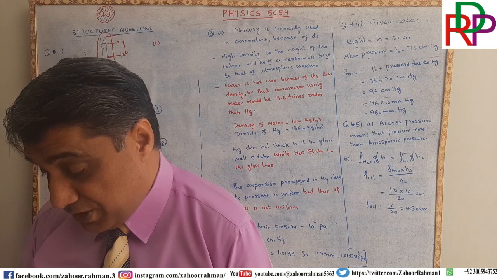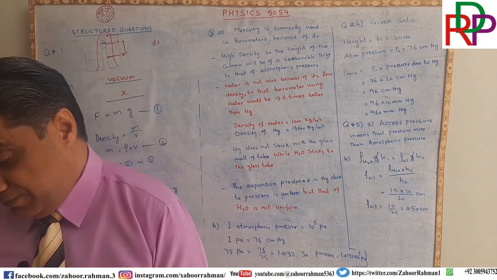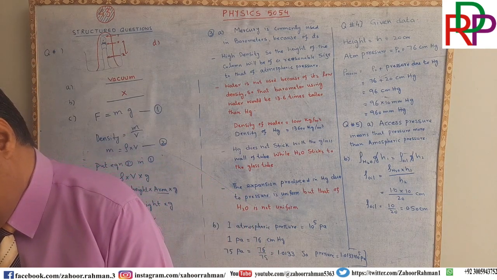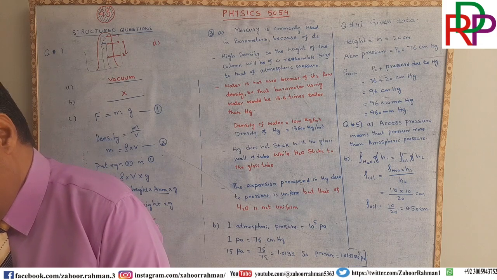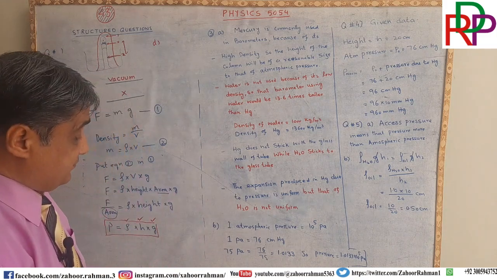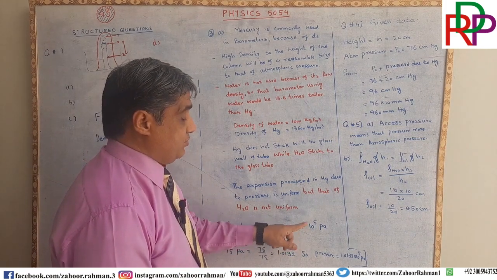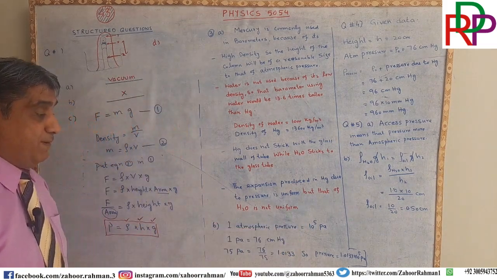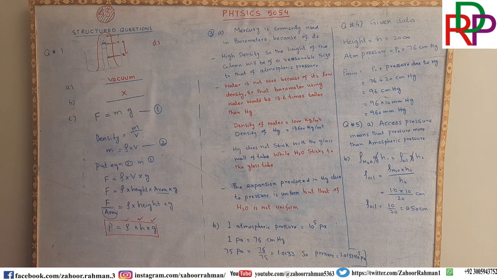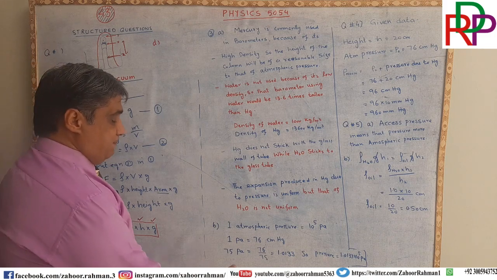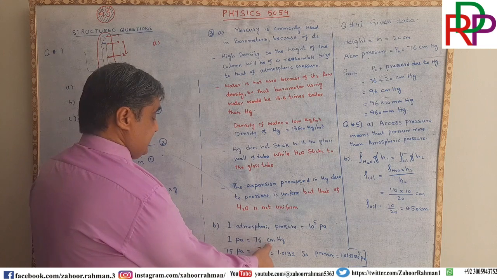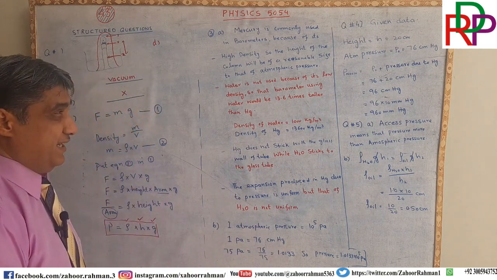Calculate also the pressure at a point 30 meter below the surface of the sea. In this case, 1 atmospheric pressure is equal to 10 raised to the power 5 Pascal, which is 76 centimeter of Hg.